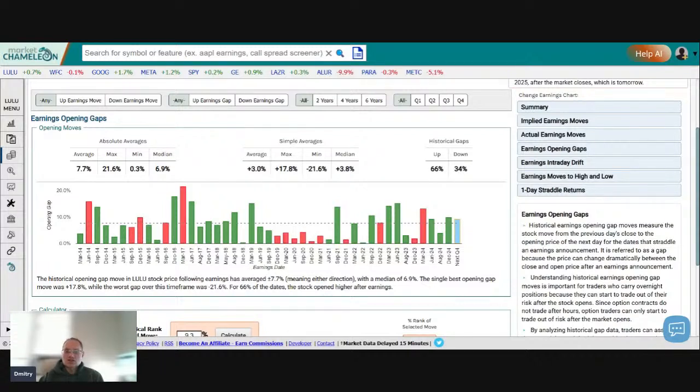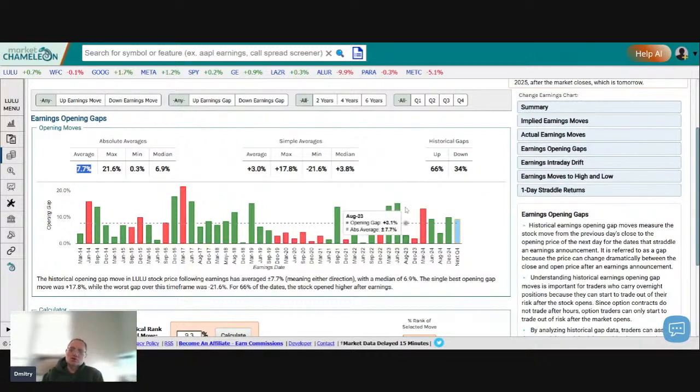So this allows us to just quickly assess, and this dotted line is the average of all these moves, the absolute average, 7.7. And it allows us to quickly visualize the distribution of those moves. So we could see that even though the average is 7.7, there's a lot of variability around that average.